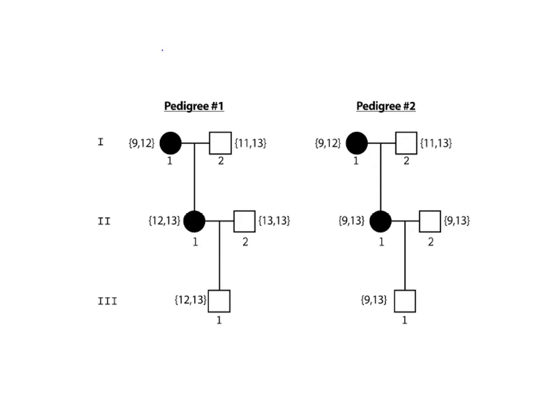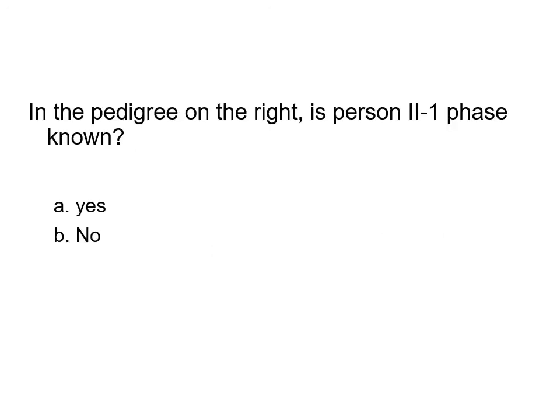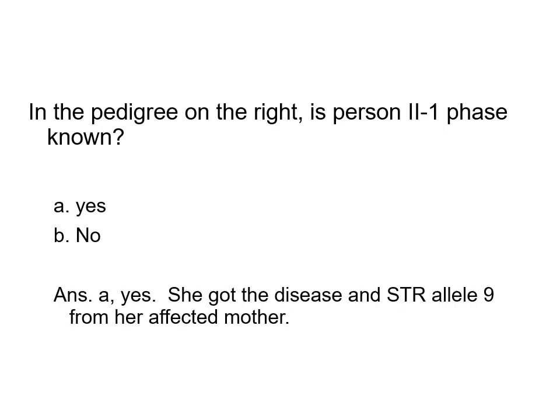She got the allele 13 from her dad because mom didn't have one to give, and she got the allele 9 from her affected mother along with the disease. So the question is, is she phase known? Yes, she is phase known because we know what allele she got from where. She got allele 9 and the disease from her affected mother.